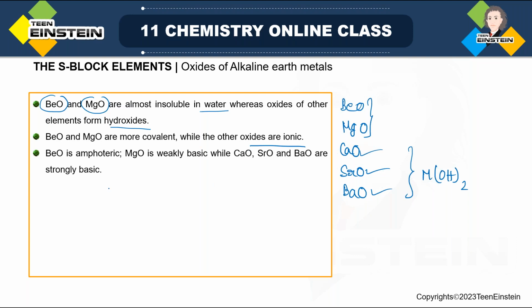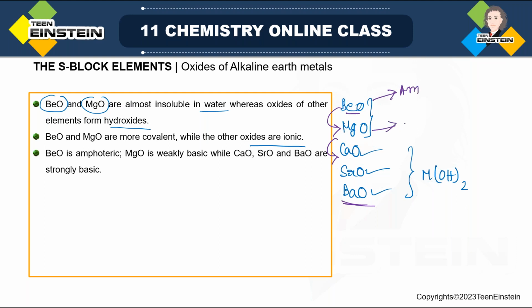Now, what about their basicity or acidity? Actually, we cannot say acidity because they are not non-metals. When you have oxides of non-metals, then you can talk about acidity, but they are metals. Now, as we know, down the group, metallic character is increasing. So when you are moving from beryllium to magnesium, then magnesium to calcium, gradually metallic character is higher. Now, BeO is obviously more metallic than the non-metal oxides, so BeO is amphoteric in nature.